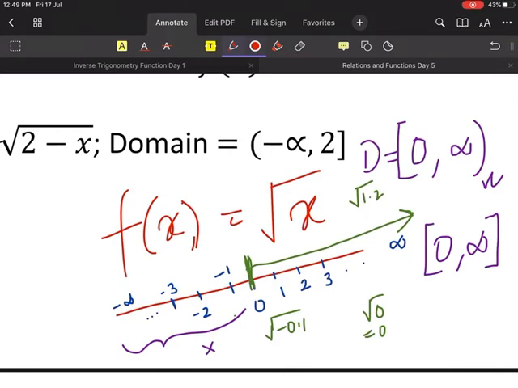Then tell me, why am I putting an open bracket at infinity? Very, very good. Because infinity has no boundary. That's why you cannot contain infinity, and that's why infinity gets an open bracket. Have you understood the domain of square root of x?